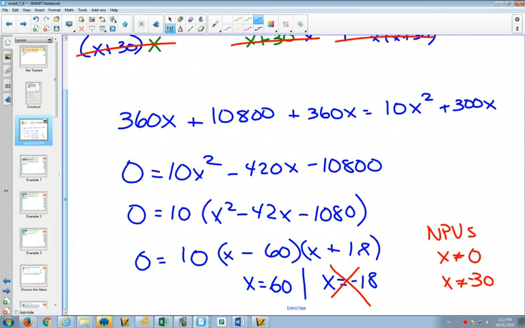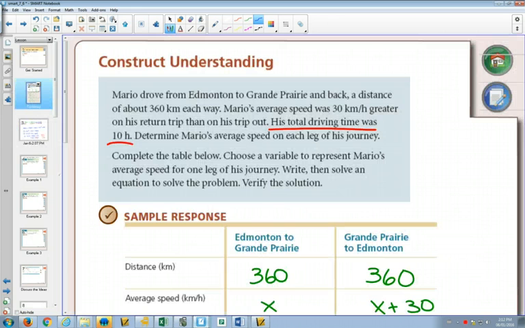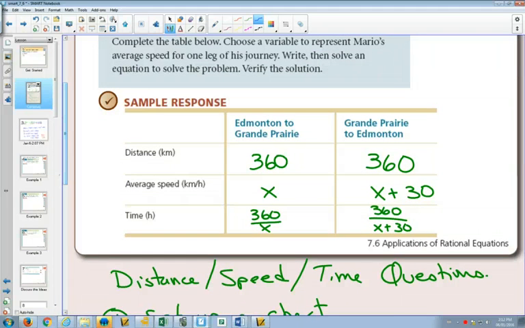Now, if we go back to our chart, let's see if our answer actually makes sense. If we put in 60, what's our speed here? 90. And 360 divided by 60 would be how many hours? 6 hours. And 360 divided by 90, because 60 plus 30 would be 90, would be 4.